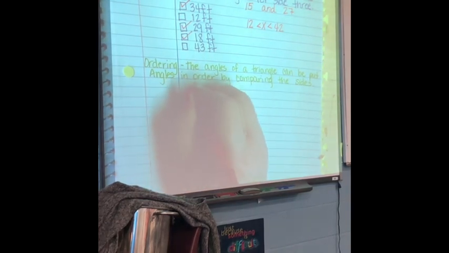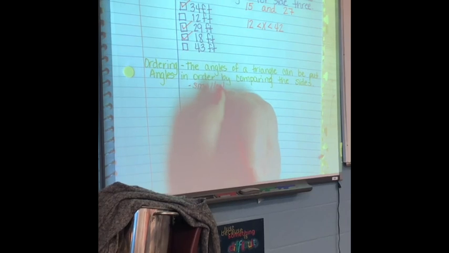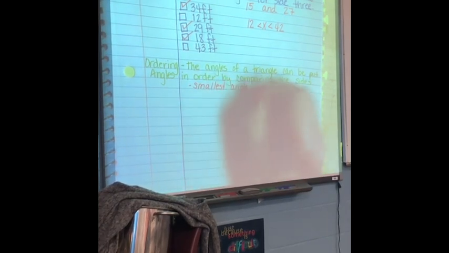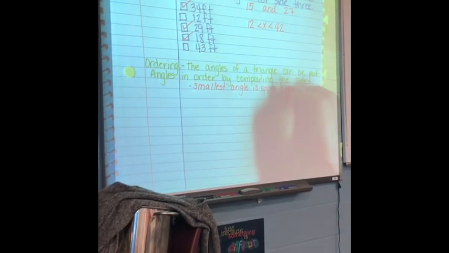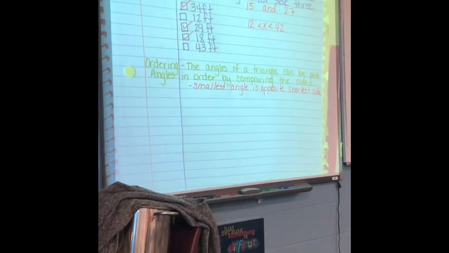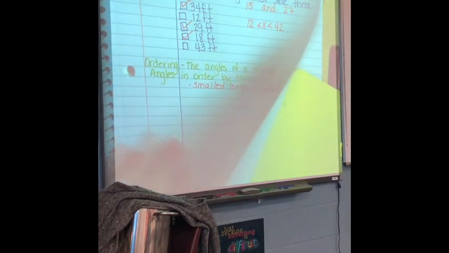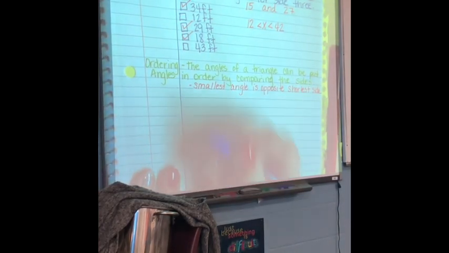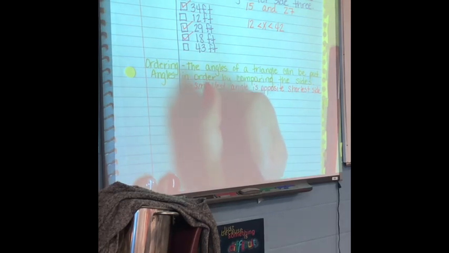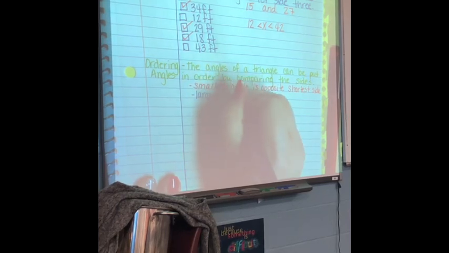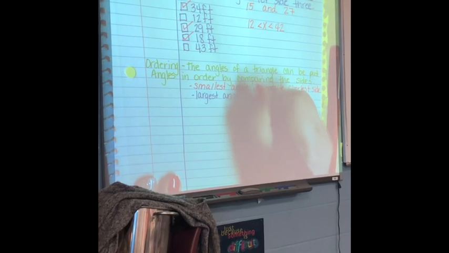The smallest angle will be opposite the shortest side, while the largest angle is opposite the longest side.